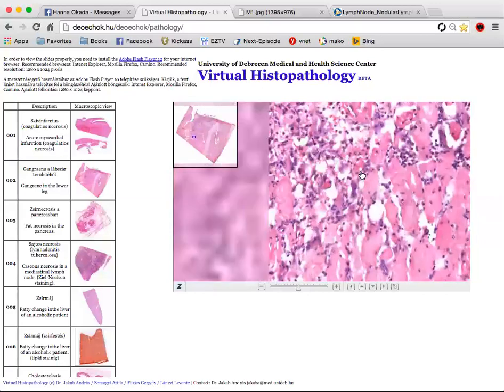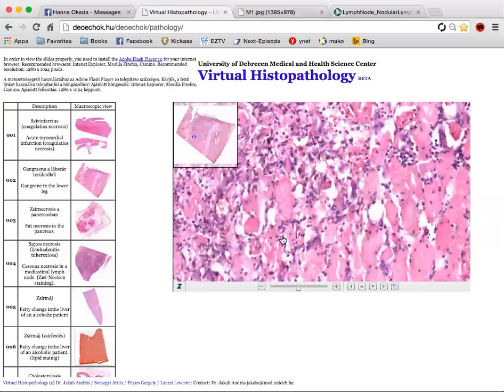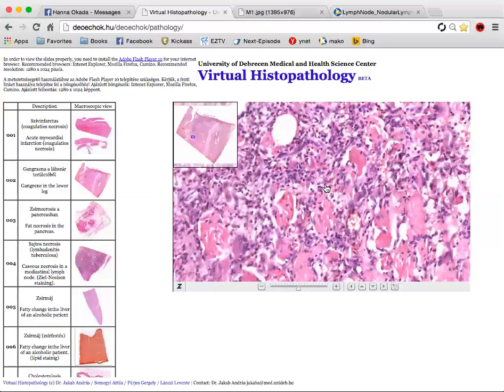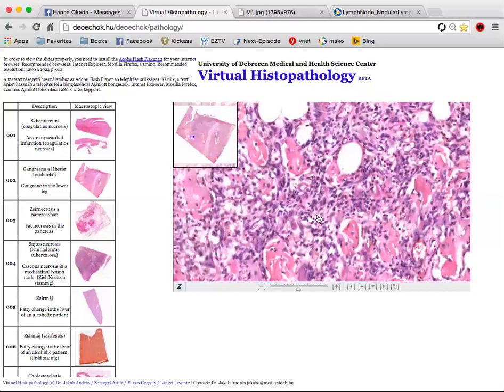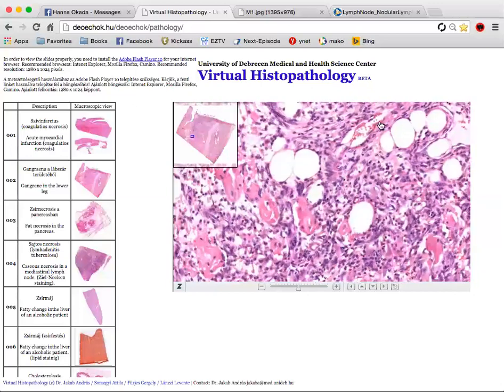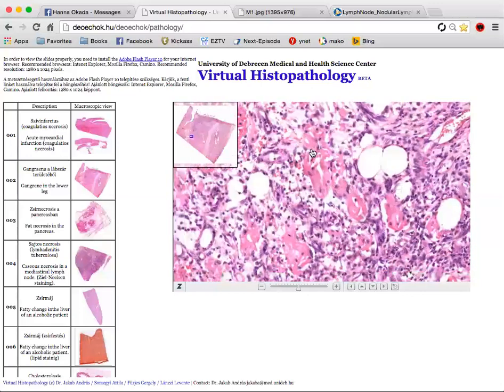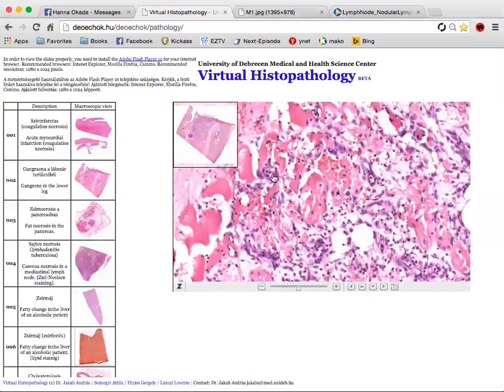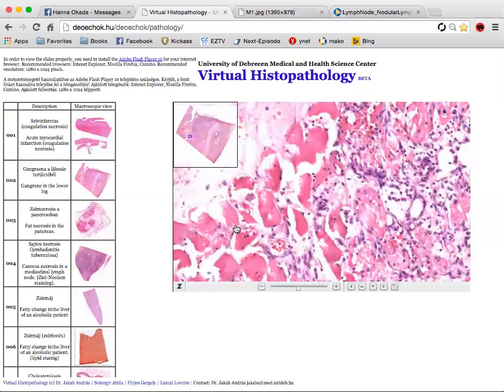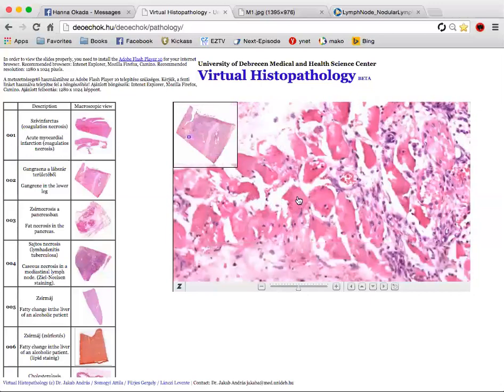Okay, so you mean infiltrated by neutrophils? Yeah, this is neutrophilic infiltrate, and you can see remnants of muscle here. The eosinophilic stuff is what remains of the normal muscle.